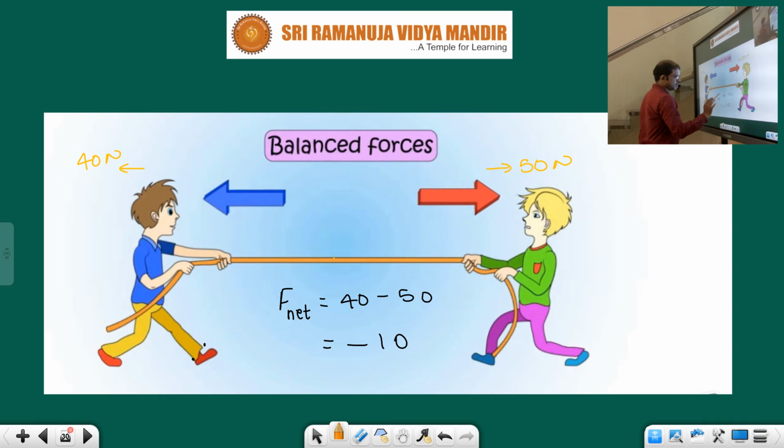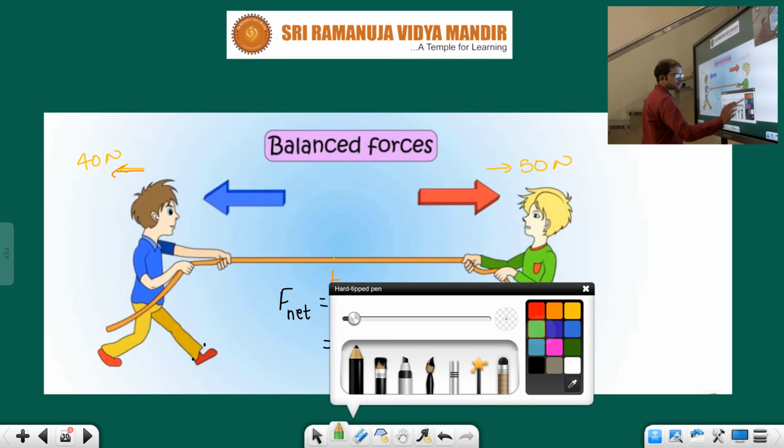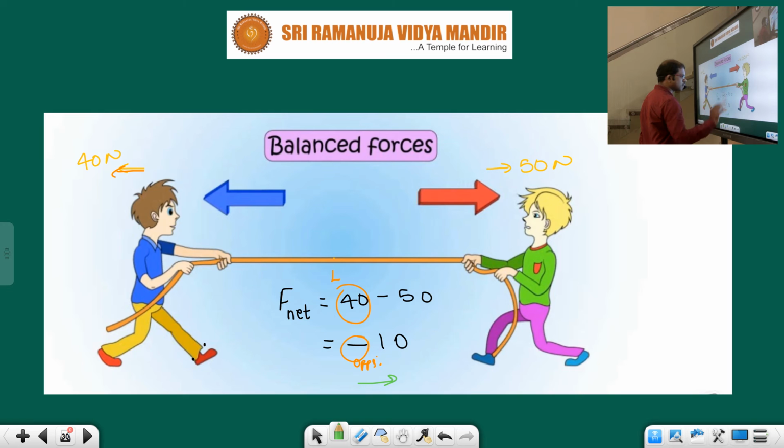Initially when you are writing 40 minus 50, what is our assumption? The rope is moving towards left. But in the ultimate answer we got minus. Minus means our assumption is wrong. We need to take the opposite. What is the correct answer? The rope is moving towards the right side, means towards this boy the rope will move.